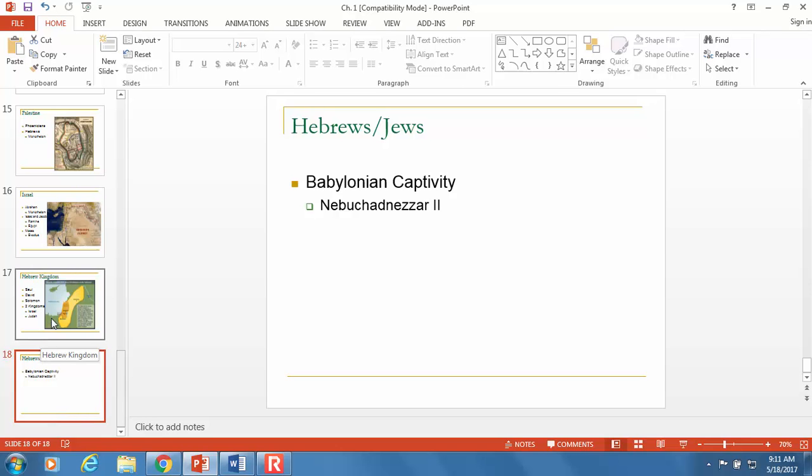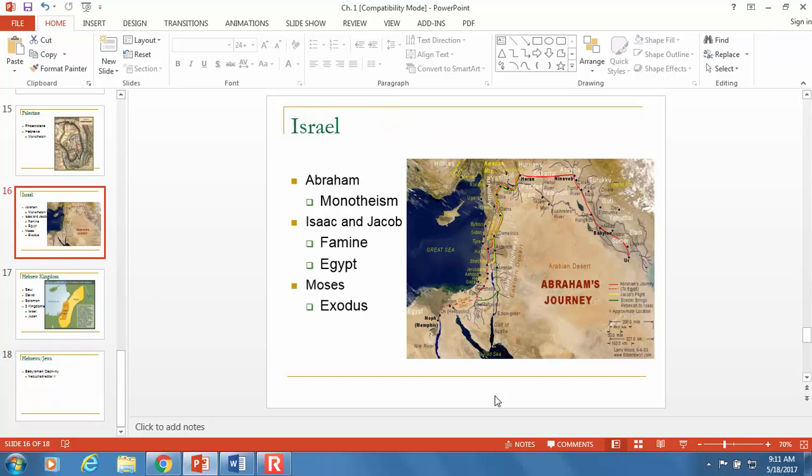And he conquered the area where Judah was, and he forced the Hebrews in Judah into captivity, and they had to physically relocate from Judah over to Babylon into captivity. And they were there, okay? All right. So if you know the book of Daniel, those of you who are familiar with the Bible, that's this time of captivity, okay, folks? That's when this is going on.